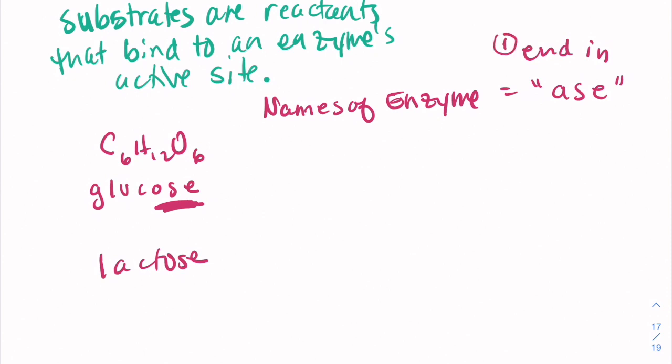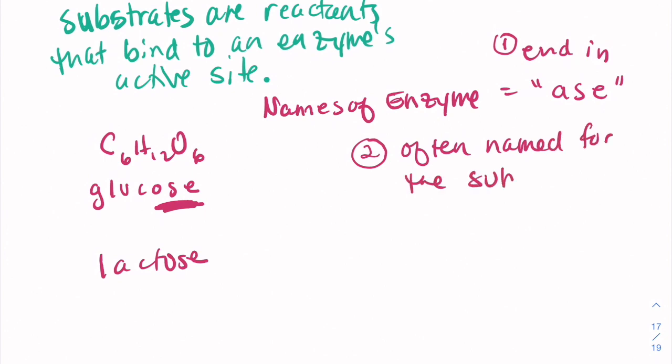So they end in -ase, and another thing about them is that we try to name them after the substrate that binds to them. So they're often named for the substrates that bind to them. So for example, let me erase this over here.